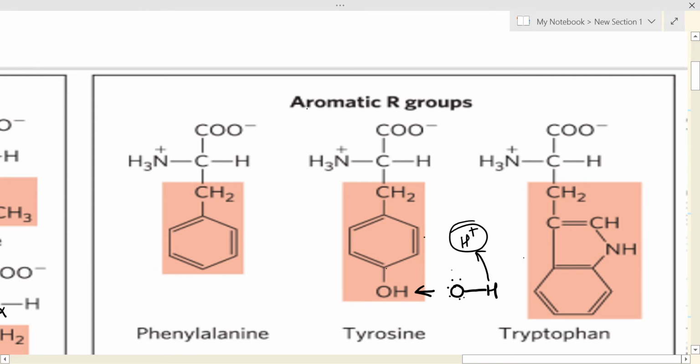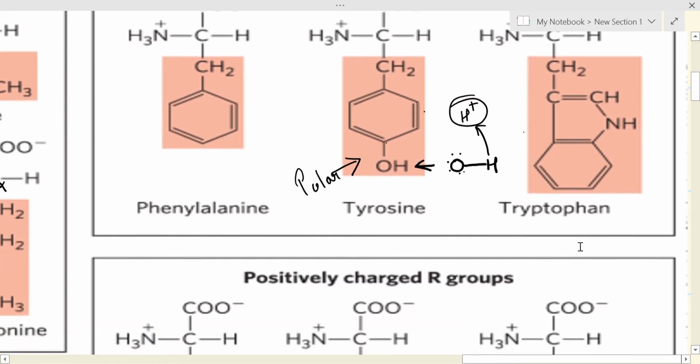Why? Because we have this highly electronegative atom, which is oxygen. So in general, the OH group gives polarity to tyrosine. So tyrosine is polar in nature.